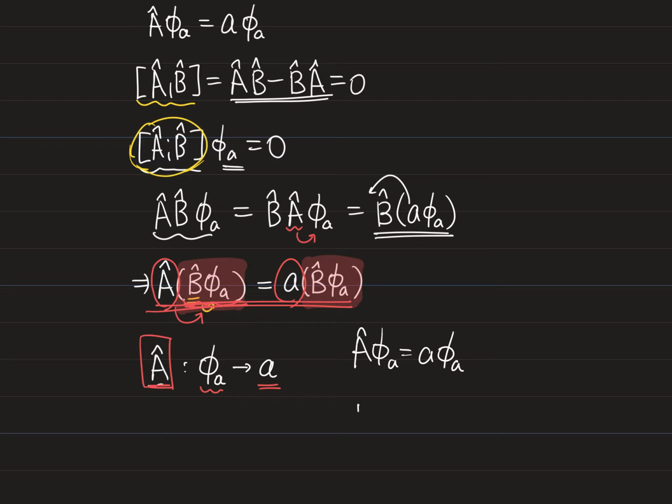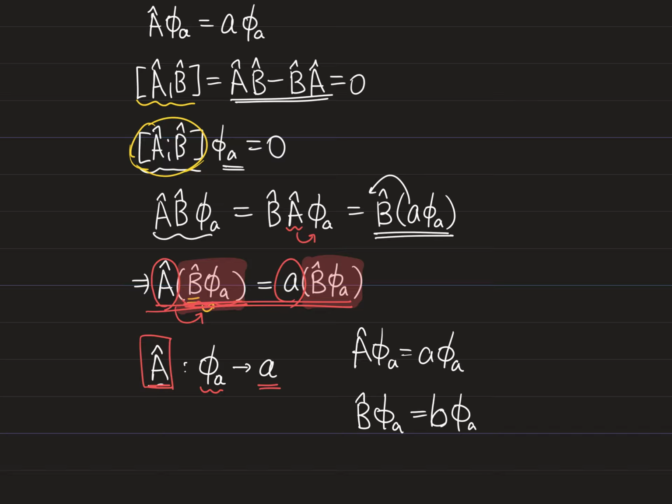That means this should be just PA multiplied by some arbitrary constant. Let's say this b. So I'm sorry.